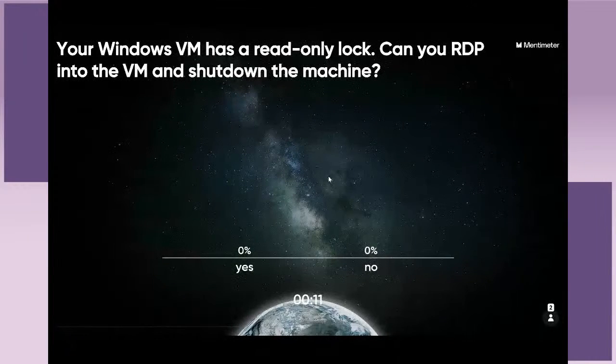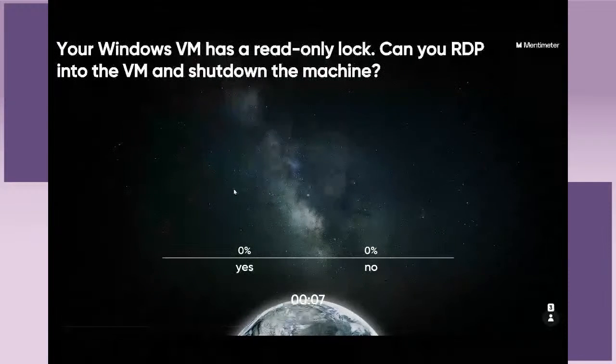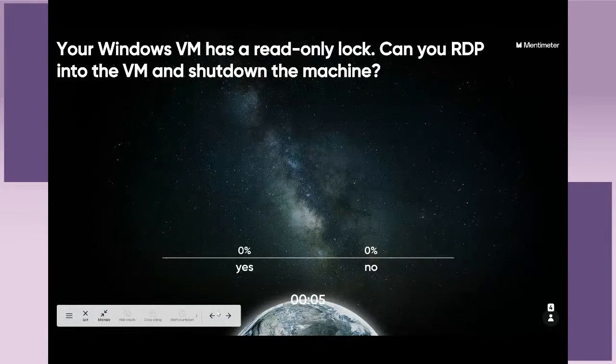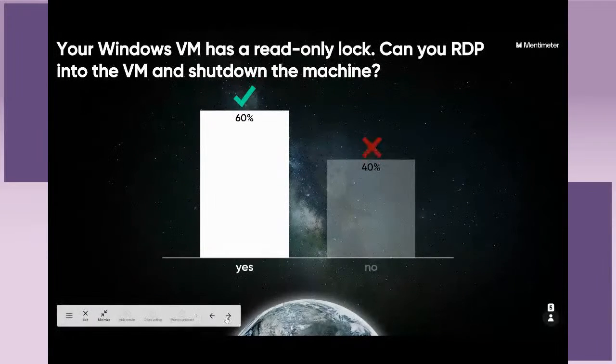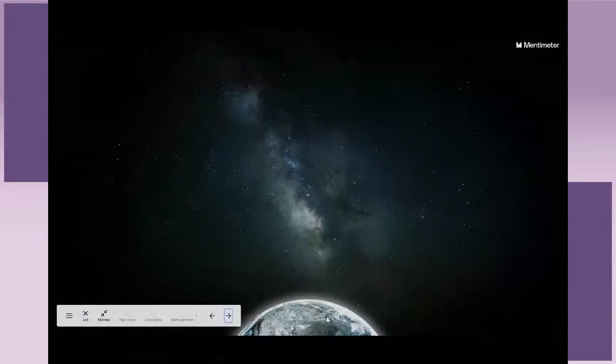Your Windows VM has a read-only lock. Can you RDP into the VM and shut down the machine? You're just doing an RDP and shutting down the machine. Yes, you can shut down. It's only about deleting.